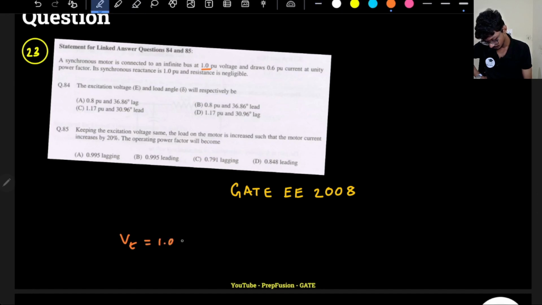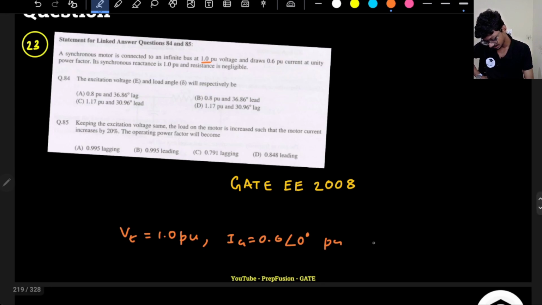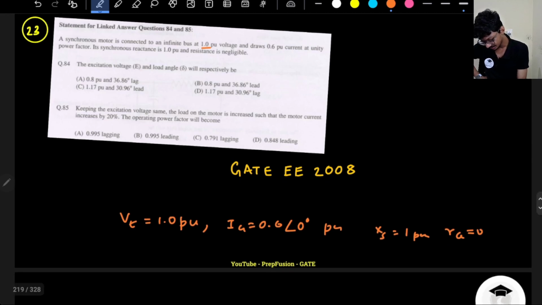Vt is 1.0 pu, and it draws 0.6 pu current at unity power factor. So Ia is 0.6 pu at unity power factor, so theta is 0. Its synchronous reactance is 1 pu. Resistance is negligible. Find the excitation voltage and the load angle.